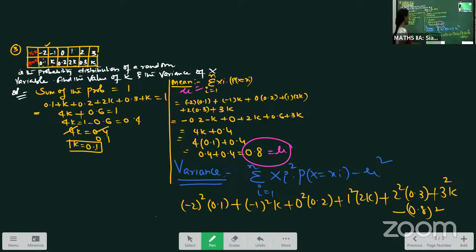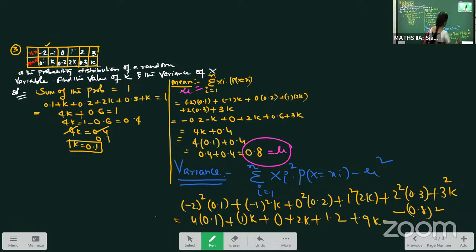Now calculate these values here. This is 4 into 0.1, plus 1 square into 1 into k, plus again this is 0, and this is 2k, and this is 4 into 0.3, that is 1.2, plus 9k, minus 0.8 whole square, which means 0.64.